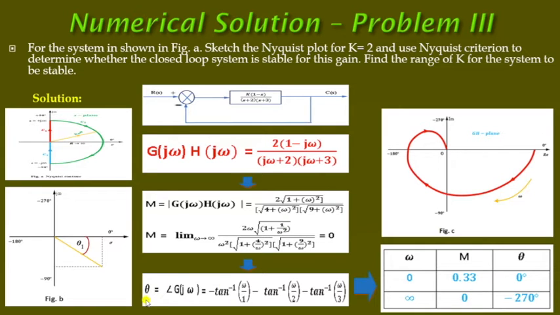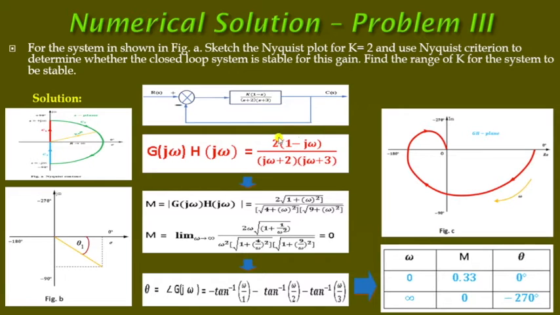Then calculate the phase angle theta. So this is tan inverse of minus omega by 1, and for this part tan inverse omega by 2 and tan inverse omega by 3.